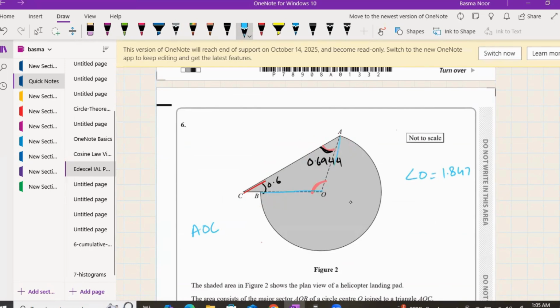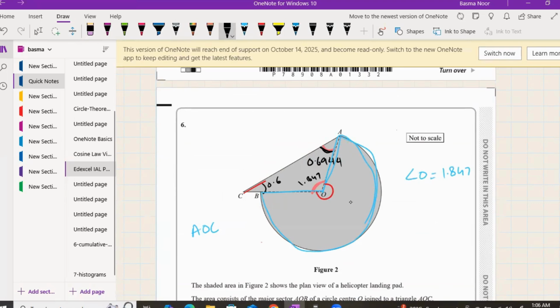The blue one makes a sector of a circle, but for that you should know the angle subtended at the center. I think you can get the red angle, since you already know angle at O is 1.847.